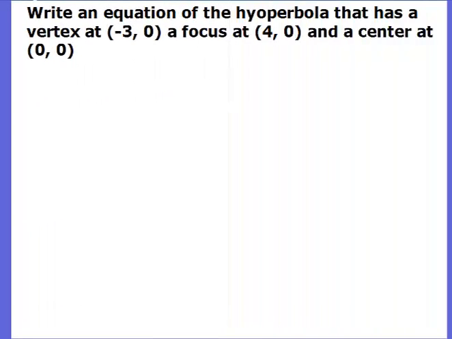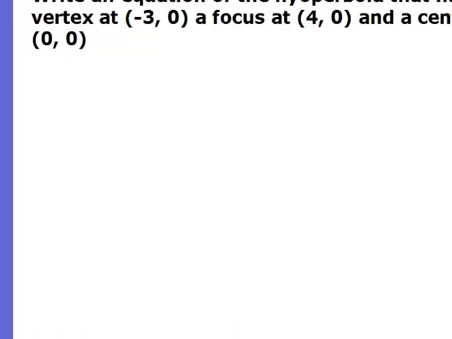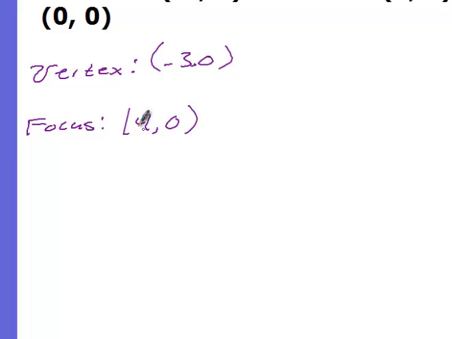So just like before, I'm going to also ask you to find the equation given a certain situation. So for this situation, we have a vertex and a focus. And it's just like everything else we've done. All right, so the vertex is -3, 0. The focus is 4, 0.